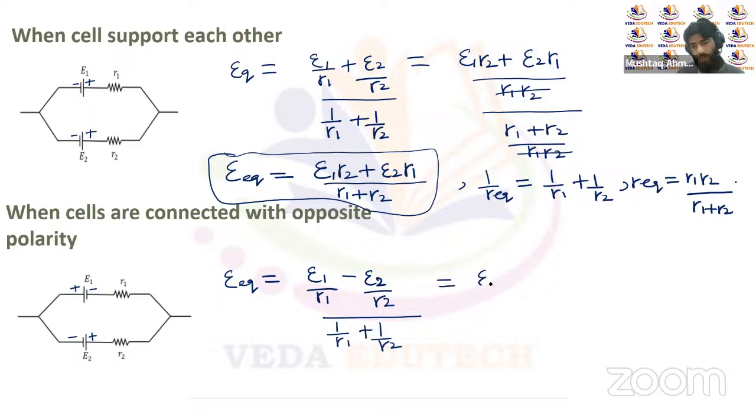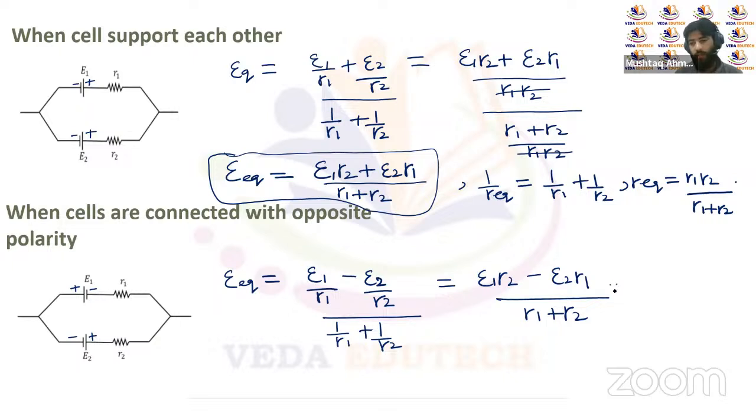So it will be E1 R2 minus E2 R1 over R1 plus R2. So this is how the equivalent EMF will be for this circuit, where the two cells have opposite polarity, or they're opposing each other in a circuit.